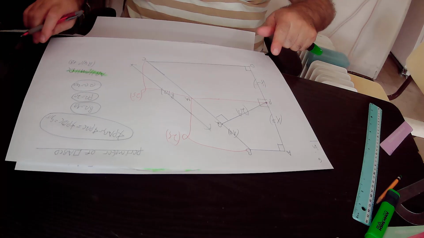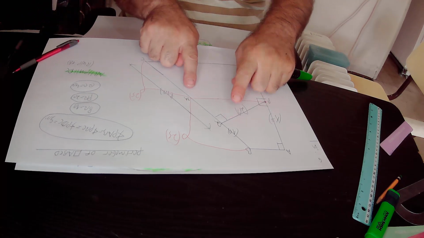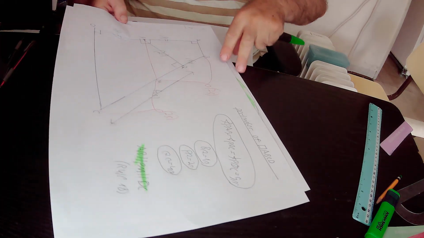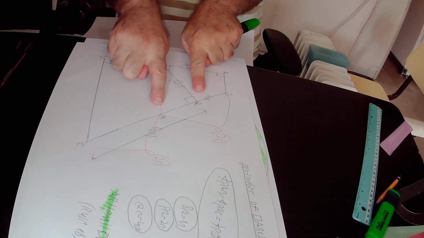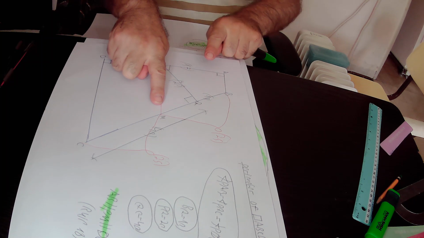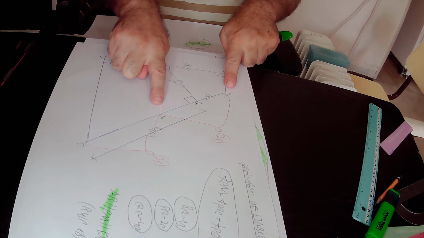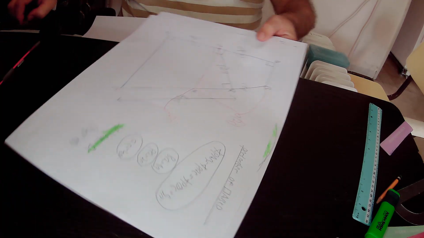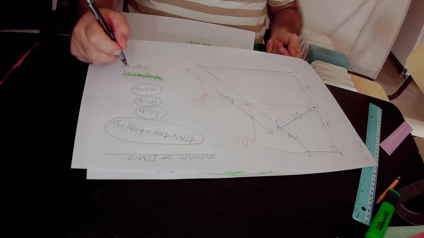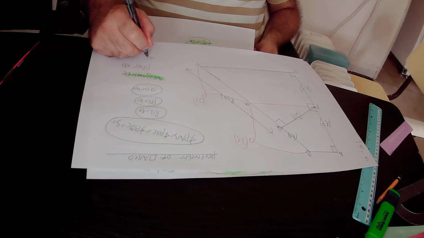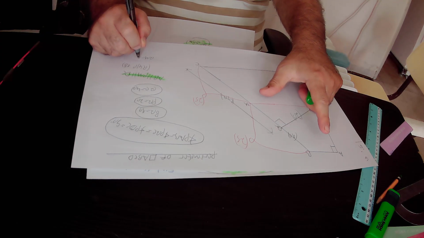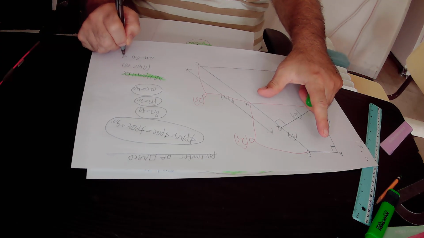What is the length of this missing line segment QM? From the drawing, it is very easy to see that QM in total equals BM minus BQ. So write it down: the missing side QM equals BM minus BQ.